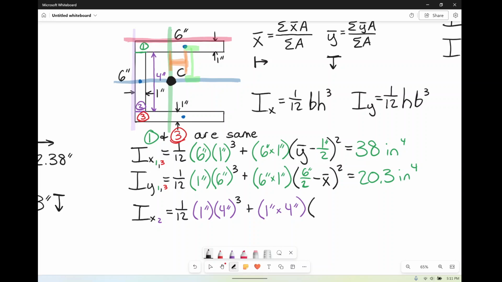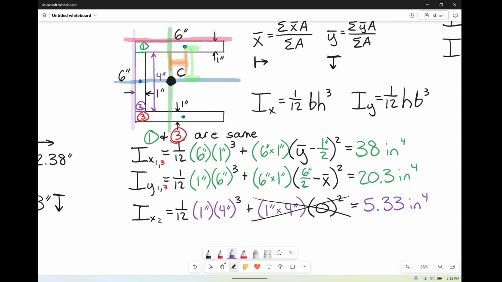We drew that blue highlighter line right through it, so technically this distance is 0. That cancels this whole part, because 0 squared is 0, and 0 times our area is 0, so it shortens our equation significantly. Ix for number 2 is 5.33 inches.